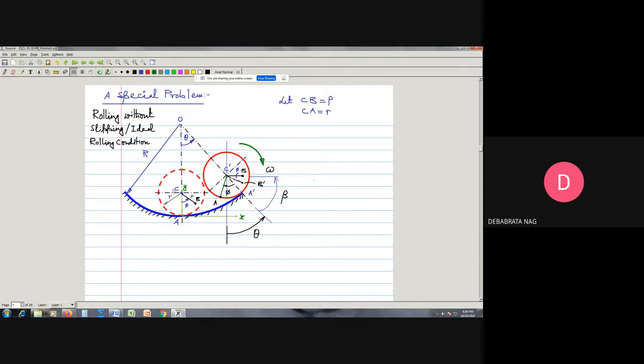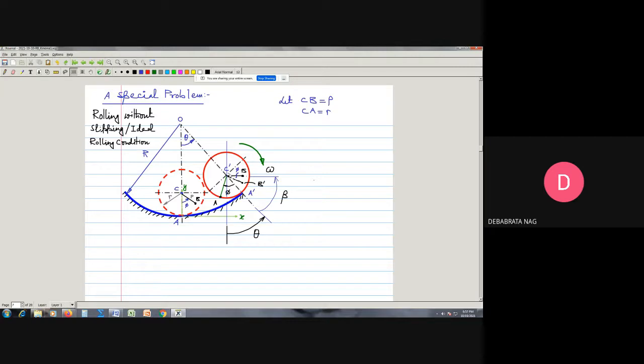So what happens is that as this sphere or cylindrical rigid body rolls without slipping on this particular surface, we note that it will move in this direction.